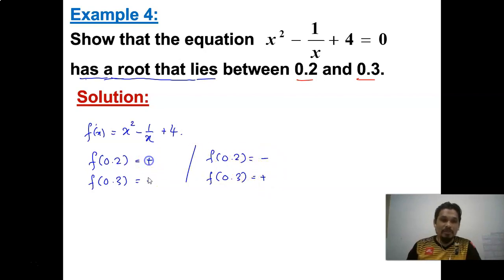If this happens, we come up with a conclusion that there is a root that lies in between 0.2 and 0.3.